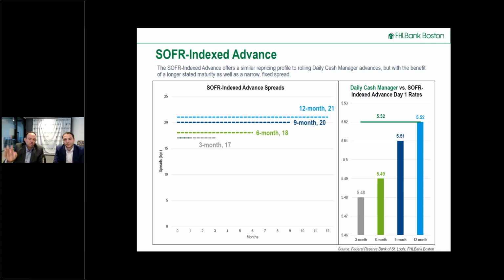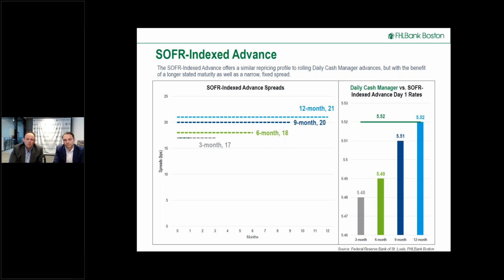And we have a product, the SOFR Index Advance, that does exactly that. We've talked about this before. It will reprice on a daily basis with a locked-in spread. And you can see the visual here that the spreads are pretty narrow when you look at 3, 6, 9, or 12-month advances.